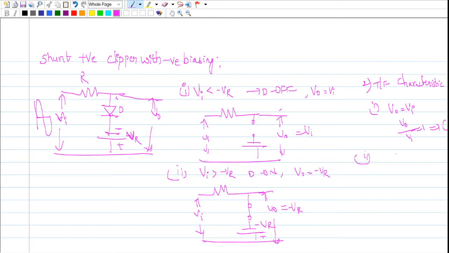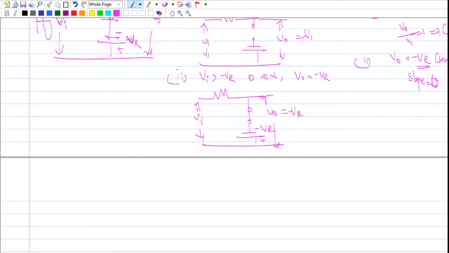The second condition is V0 equal to minus VR, which is a constant, so the slope is 0. Now draw the transfer characteristic curve between input voltage and output voltage.